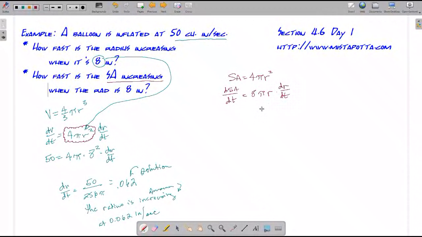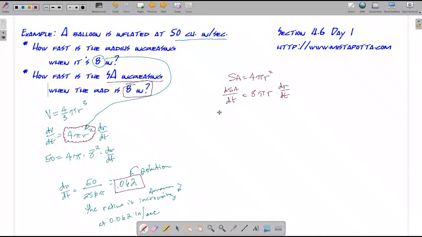And so I've got to use this implicit differentiation that we talked about back in chapter 3. And notice that I have these relationships. I know the radius is 8 inches. I know that we just solved for dr/dt in the previous problem. And this is the same balloon, same situation, same circumstances.